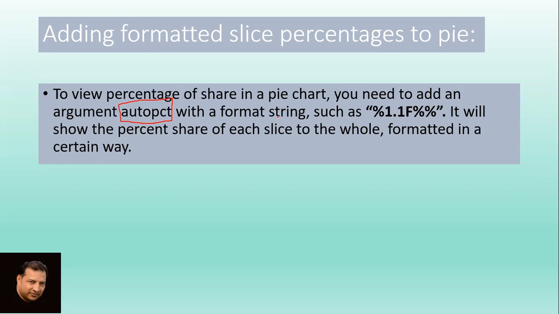With a format string, we will study about these format strings in detail. So you have to be very attentive, such as %1.1f%%. So let us see, what does it mean? It will show the percent share of each slice to the whole formatted in a certain way.